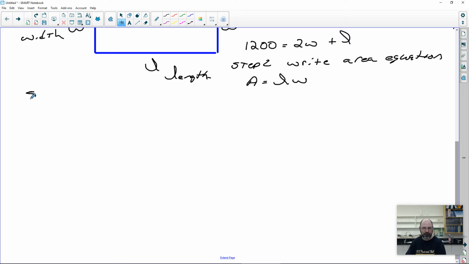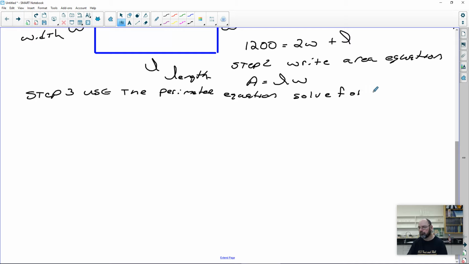So step 3, use the perimeter equation to solve for a variable and write area in terms of one variable.